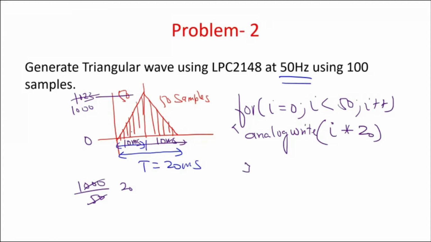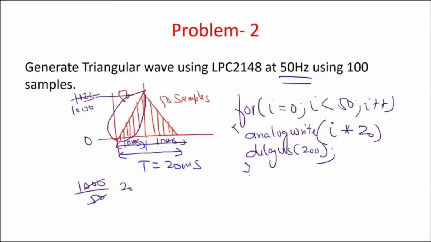That is something that you have to understand. The time between each sample is still the same, which is 200 microseconds. So delay microsecond 200. This will complete the upgoing ramp.